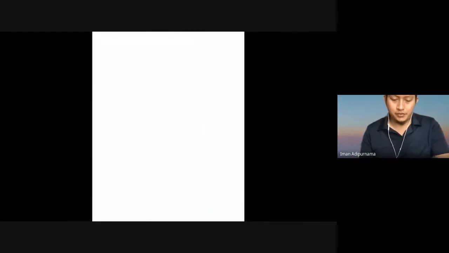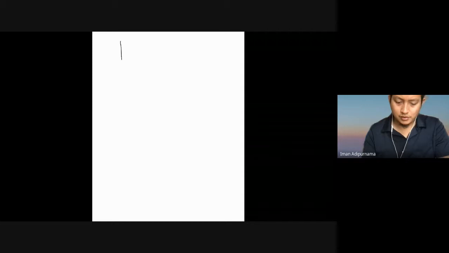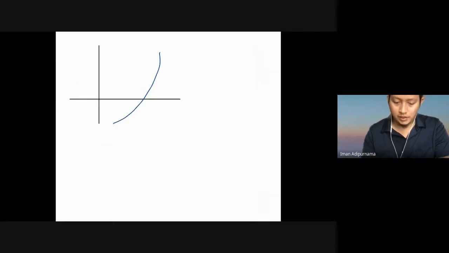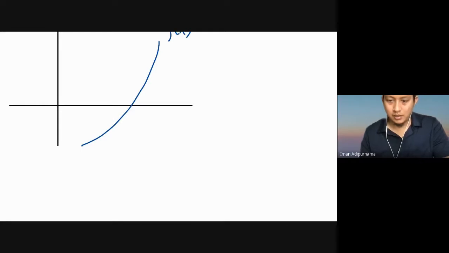So first, if I have an f of x like that, okay, let's say this is f of x, and maybe I will put some point here. Let's name the point x0. At this x0 here, I will have a tangent line right here with that red line.